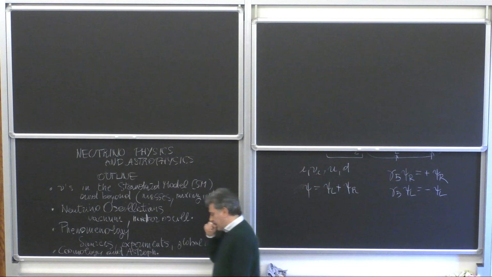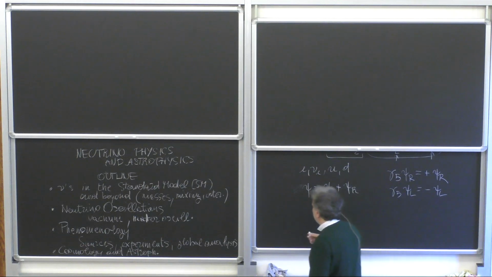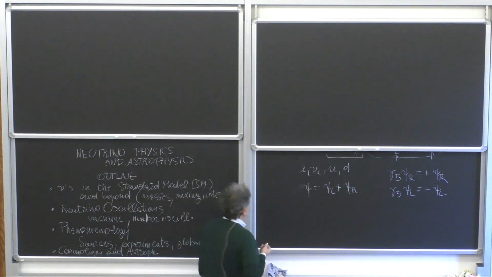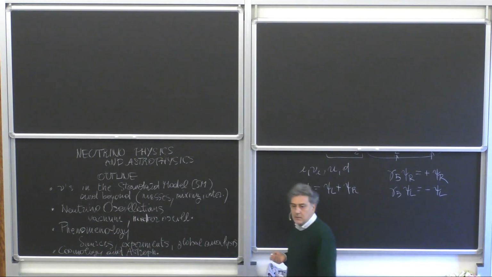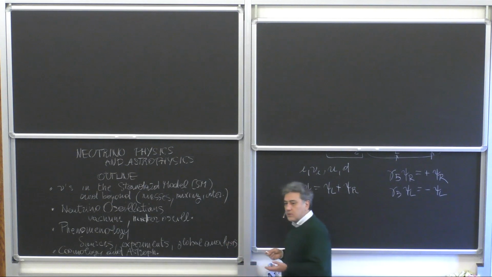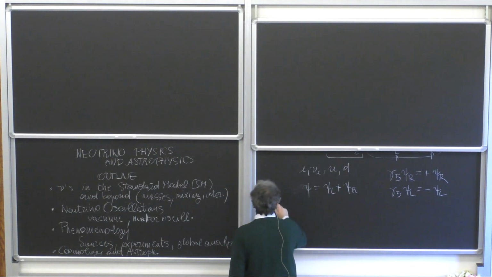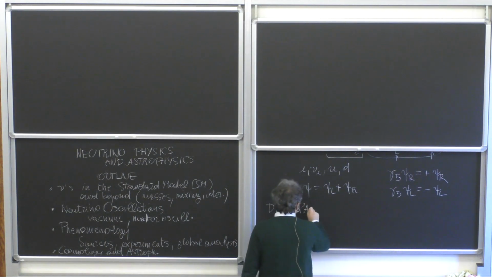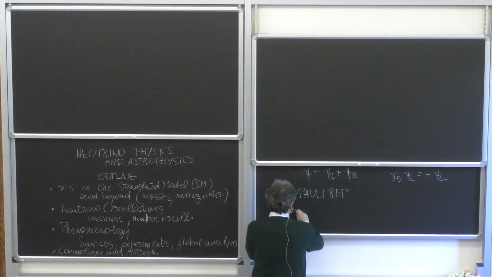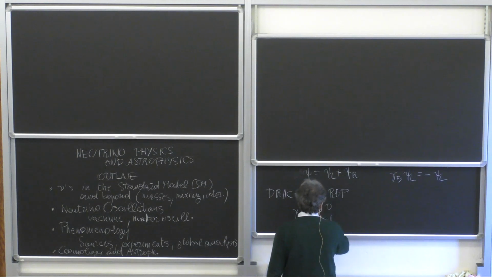But let's try to remember what these gamma matrices are. We have two main representations for gamma matrices. One is the Dirac-Pauli representation, where gamma 0 is diagonal and gamma 5 is not diagonal. So in the Dirac-Pauli representation, we have that gamma 0 is equal to (1, 0; 0, -1).